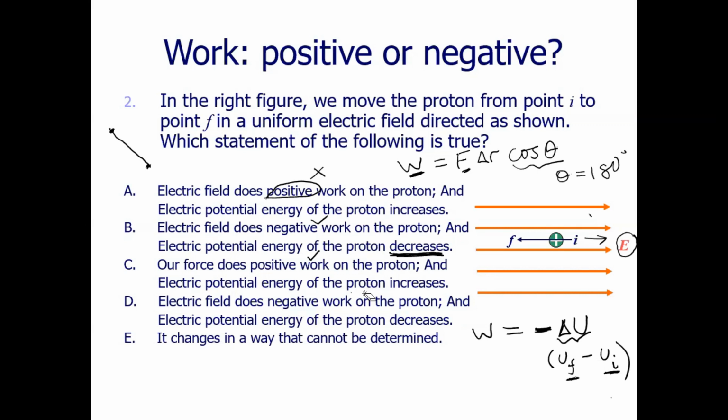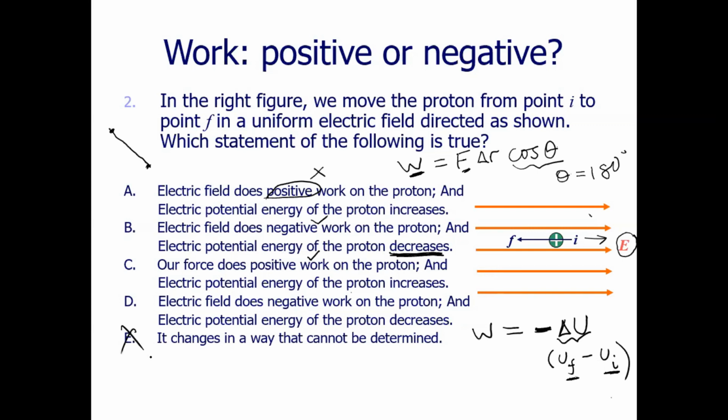There's no difference. Okay, so I think there is no difference there. And then E says it changes in a way that cannot be determined, so this one is automatically not an option.